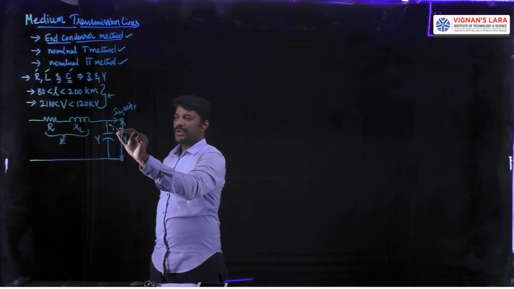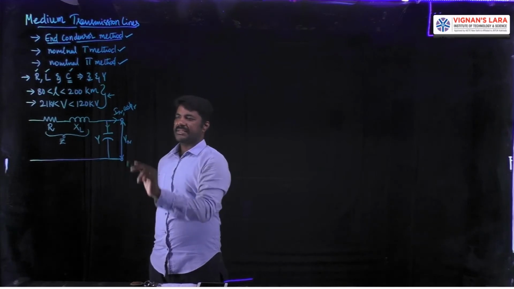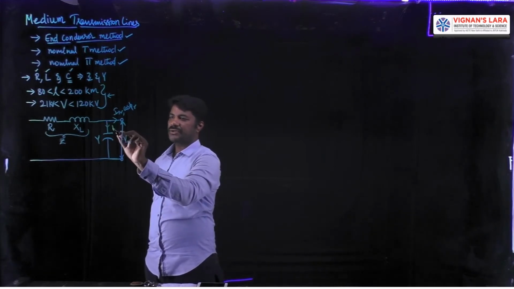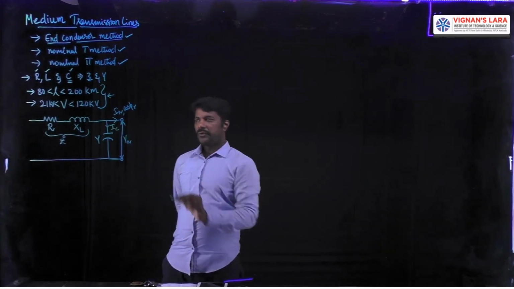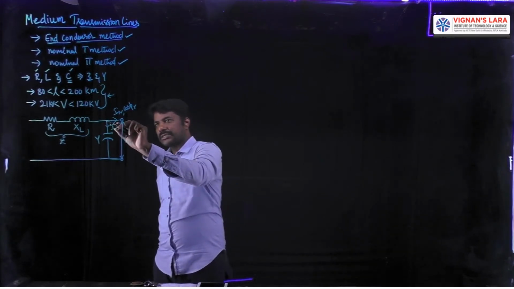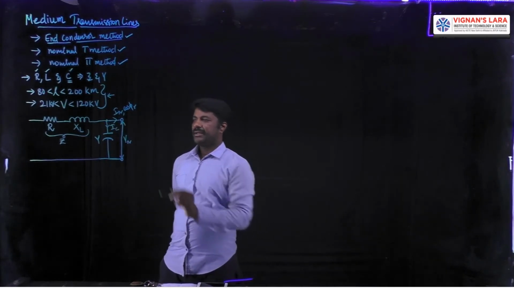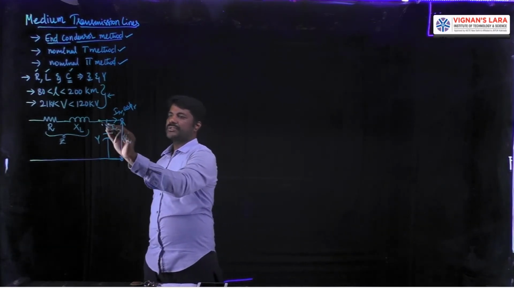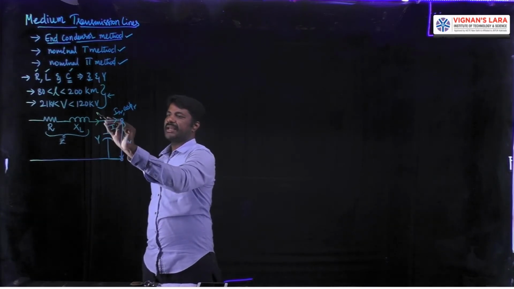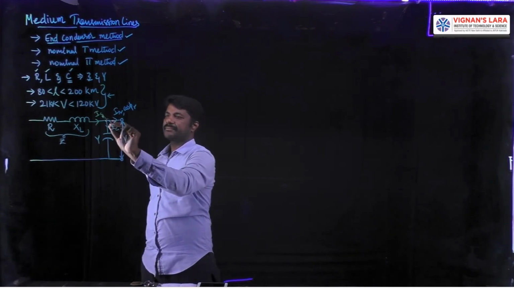The current passing through this capacitance shunt branch is called the capacitive current IC. If we observe clearly at this dot, called the node, present on the receiving end side, the summation of the two currents gives us the net current called the sending end current IS.